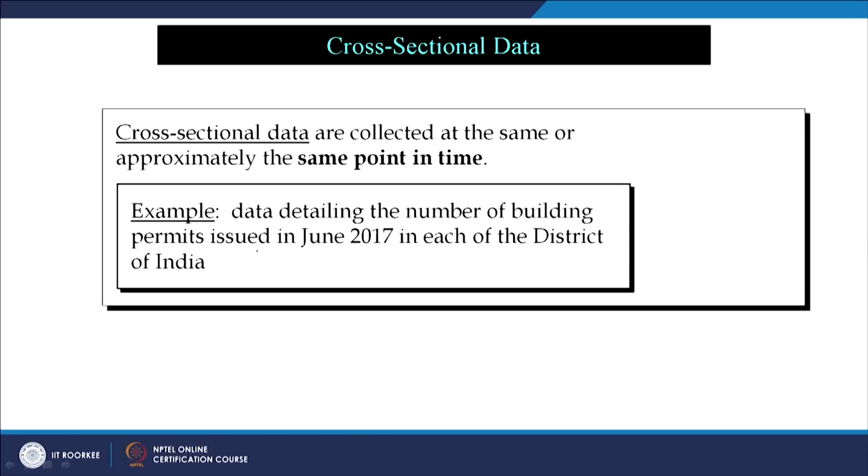It is just like a picture of a situation, right. An example can be the number of building permits issued in June 2017 in each district of India, and we will have cross sectional data, right.